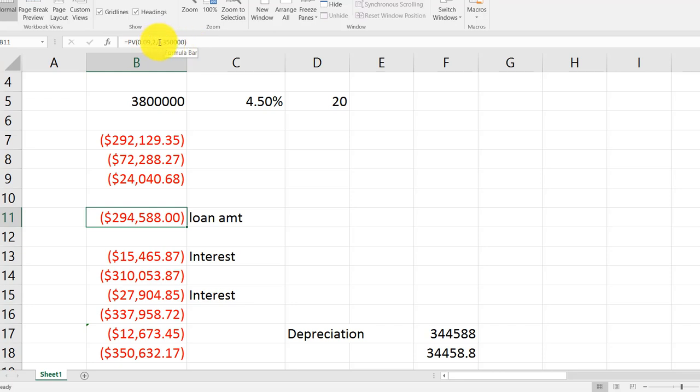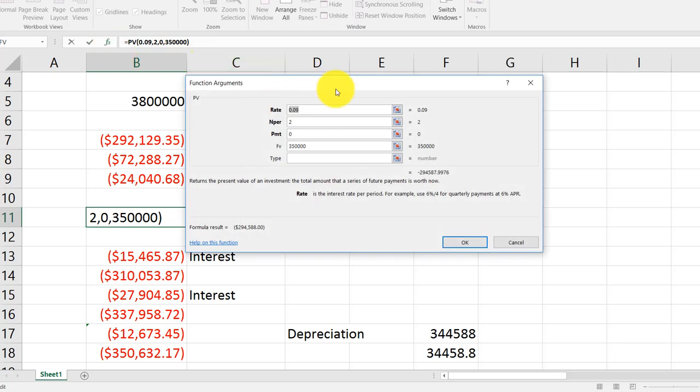Now notice in here there is 0 payment. There's not a series of payments. This is a single payment at the end of 2 years. If it was a payment next year of $350,000 and then $350,000 at the end, then you would put that as the amount of payment instead of as the future value. So in the function, 0 is the payment and the future value is the $350,000.